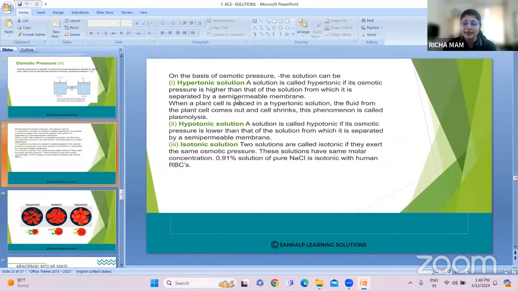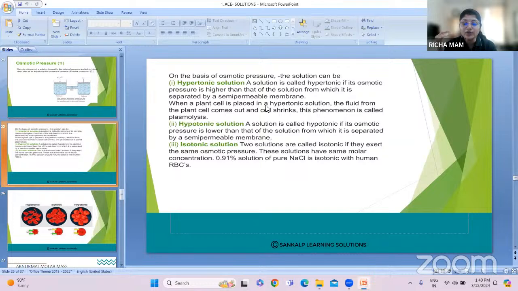In hypertonic, if the blood cells are placed in the saline solution, the normal saline solution, what is the concentration? It is 0.91%. If the blood cells are placed in an NaCl solution with a concentration more than 0.91%, then what will happen?